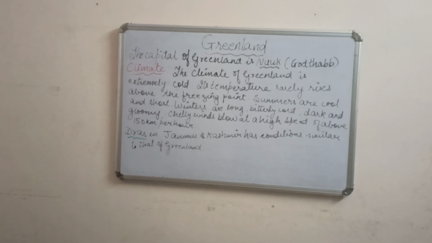And when we talk about the climate of Greenland, we know that the climate of Greenland is extremely cold. Its temperature rarely rises above the freezing point. Yes. Summers are cool and short, whereas winters are long, bitterly cold, dark and gloomy.